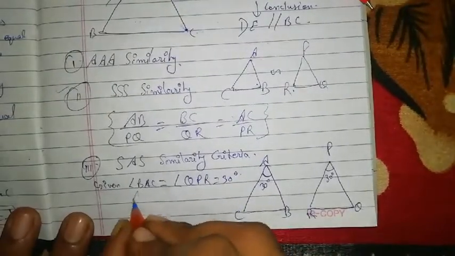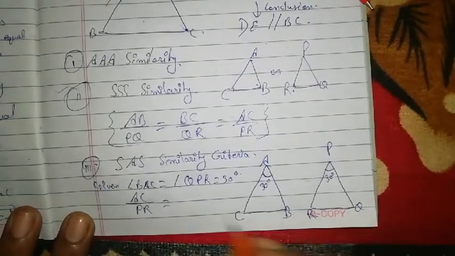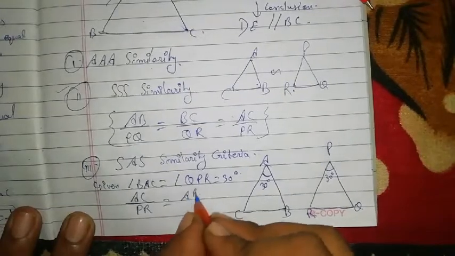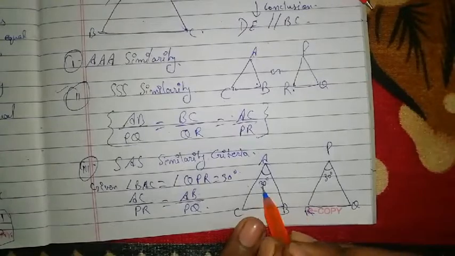Also it is given that AC upon PR is equal to AB upon PQ, meaning the sides adjacent to the angles.